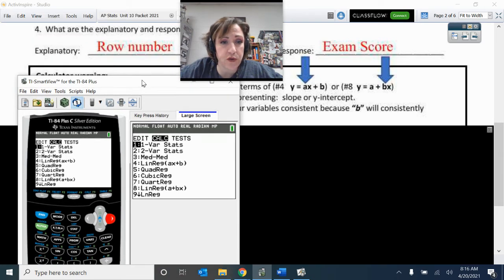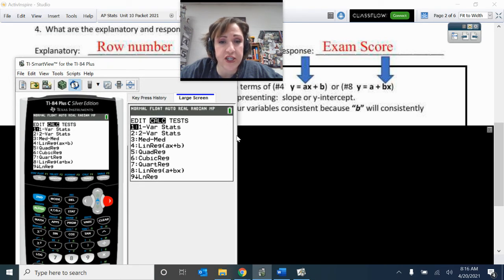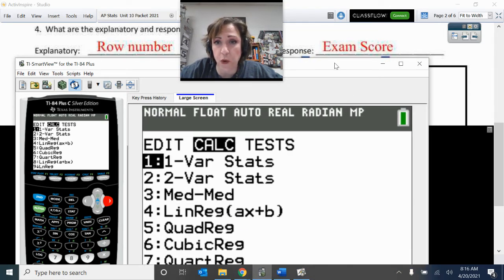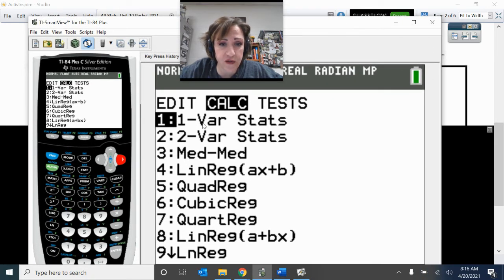Since Algebra 1, you have been doing linear regression number 4. Stat over to calc, number 4, linear regression. So I want to point out to you, look at number 8. It also says linear regression. So study the differences between number 4 and number 8.